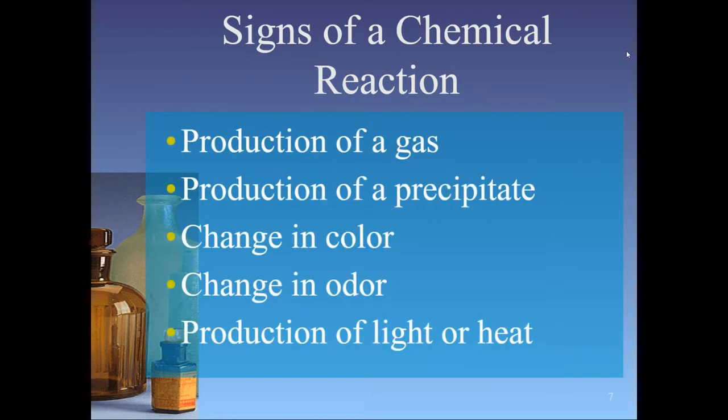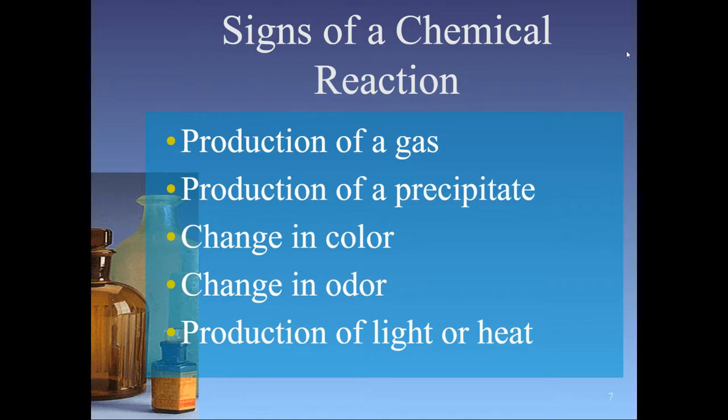All right, so some signs of a chemical reaction. Number one could be production of a gas. Maybe there's some bubbles occurring. Okay, bubbles are a great indicator that gas is being produced and given off. Production of a precipitate. What we mean by precipitate is some type of solid substance beginning to form in the bottom of whatever it is that you've mixed together. Maybe there's a change in color.